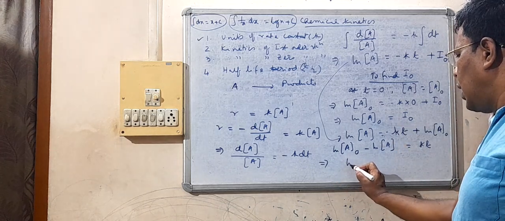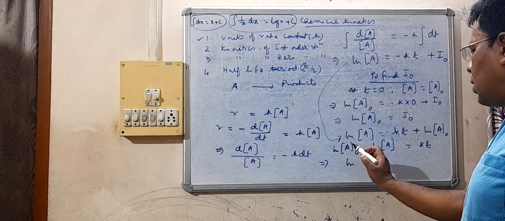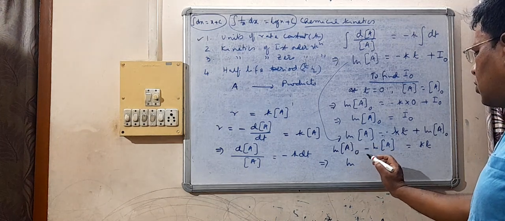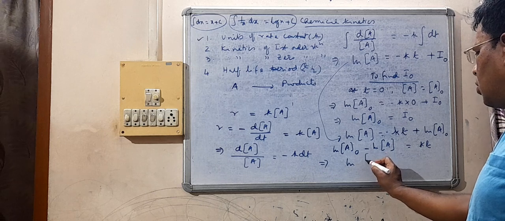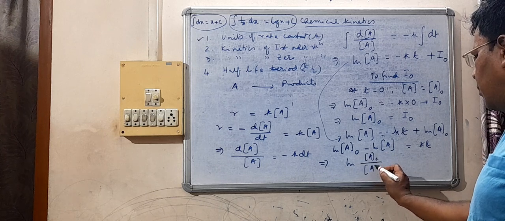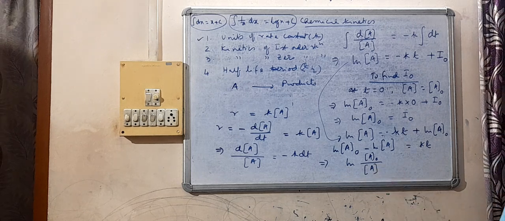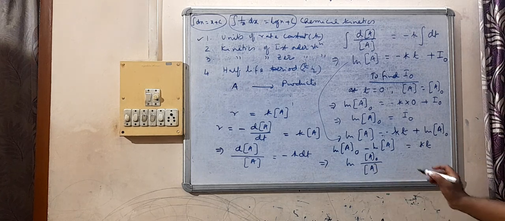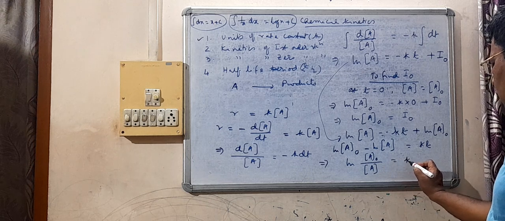So from here, by the rule of logs, ln A naught by A is equal to kt.